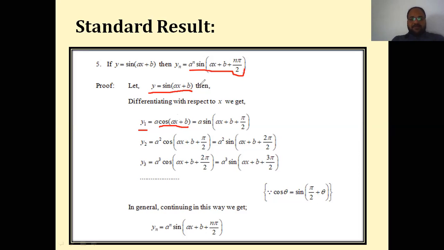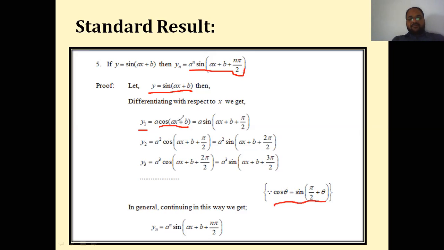But if you observe the nth derivative, it is simply in terms of sine, and here we get the result in terms of cos. So we will try to convert this cos into sine. We can use the result: cos theta is nothing but sine of pi by 2 plus theta, that is theta plus 90 degrees.